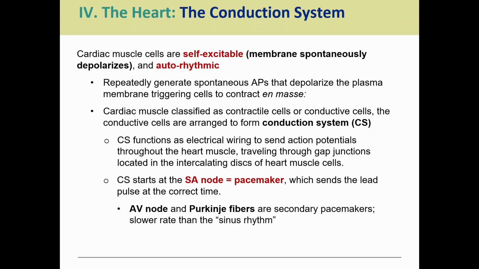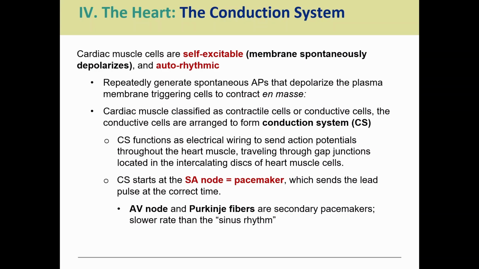The conduction system is going to work basically like wiring in a house, to make sure we send action potentials throughout the heart muscle, traveling through those gap junctions, getting through those intercalated discs from one heart muscle cell to another. And this conduction system starts from a single point called the SA node, or the sinoatrial node.